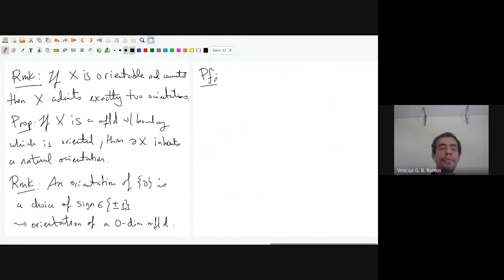So, proof. First of all, recall that the tangent space to the boundary of X is a subbundle of the tangent bundle of X along the boundary of X. I explained that last time.